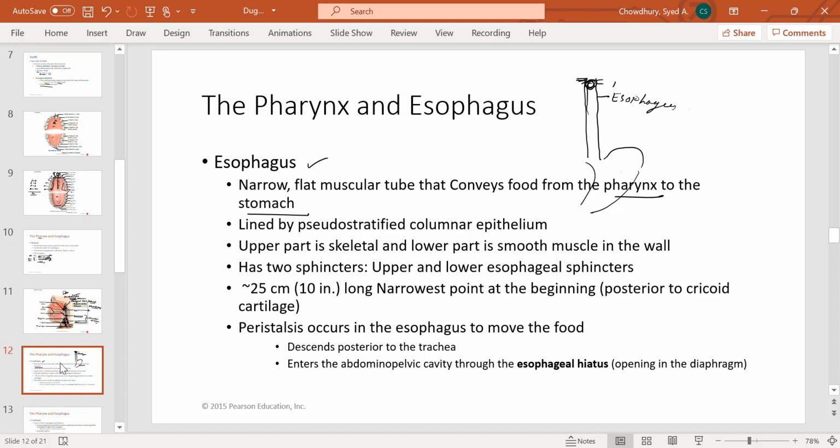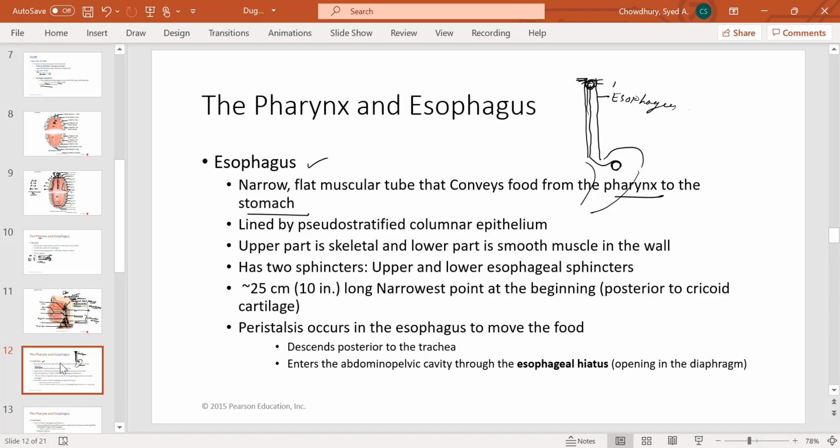And also the inner surface of the esophagus is slippery because of the mucus secretion. So those two factors, one is peristalsis movement and another is the slippery inner surface, will make the food bolus pass through it very fast, and the food bolus will arrive here.